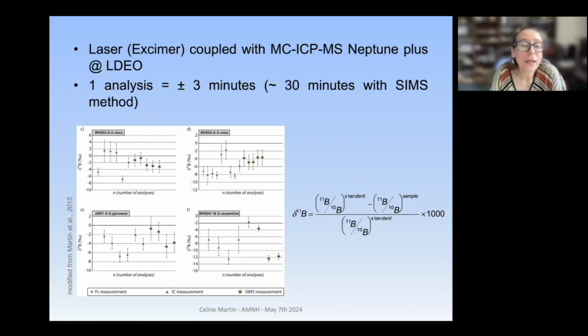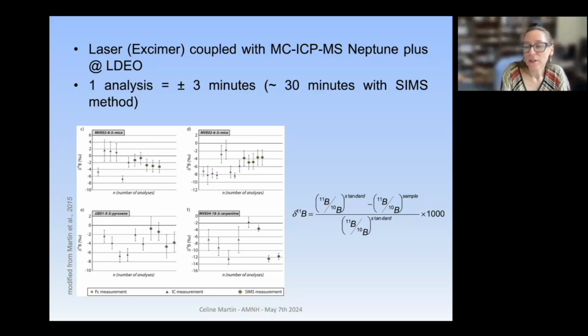Overall we have a good agreement of the two methods, with a big advantage of the laser ablation: one analysis takes more or less 3 minutes, while when I was going to Woods Hole to do the SIMS method, it was half an hour. So we are 10 times faster, which allowed us to multiply the data in comparison to the SIMS.